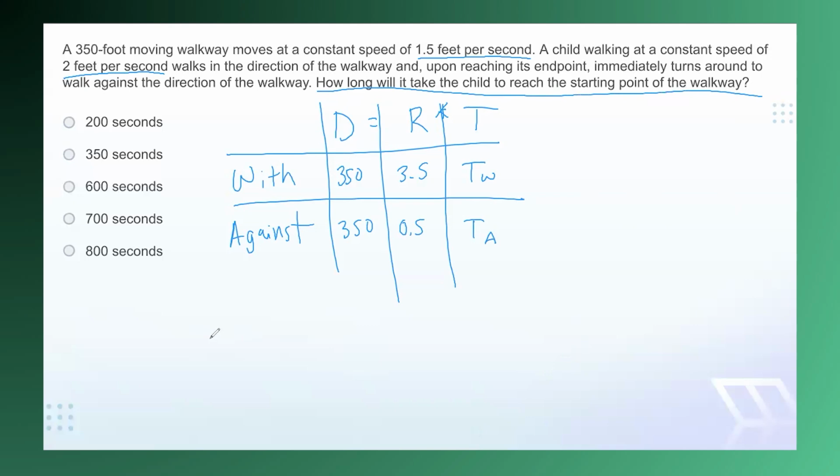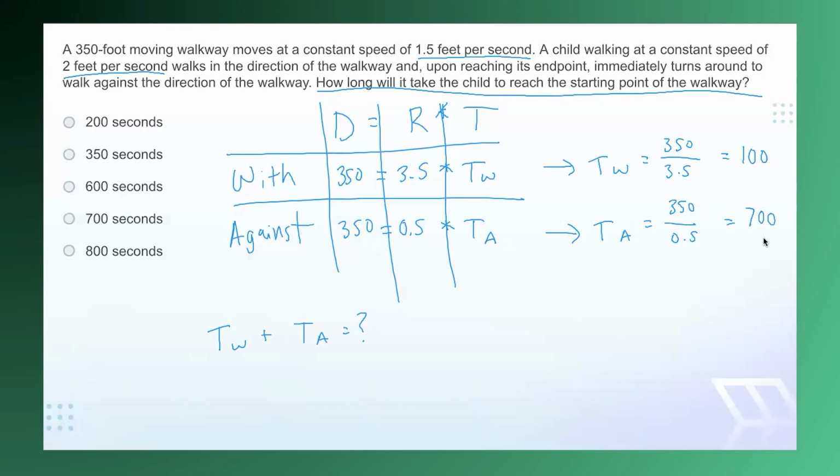So we are solving for T sub W plus T sub A. Okay, taking our first equation and rearranging it, we get T sub W equals 350 over 3.5, or 100 seconds. Doing the same thing to our second equation, we get T sub A equals 350 over 0.5, or 700.